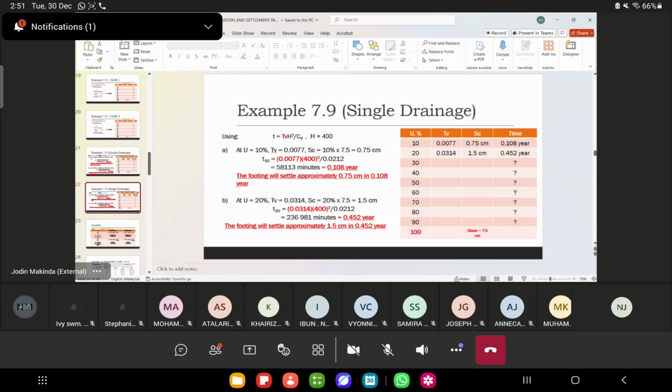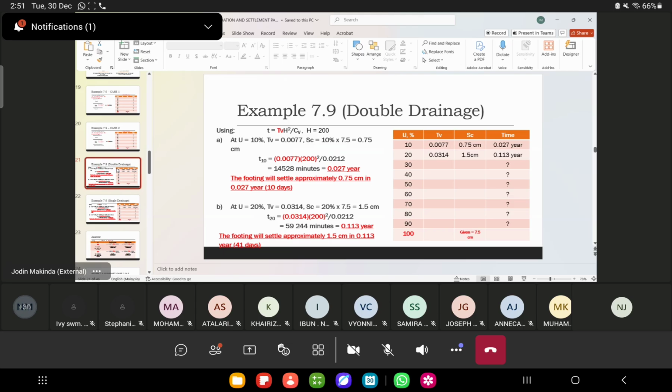Can anyone guess why for single drainage we use H 400 cm, and why for double drainage we use H 200 cm? Anybody want to try?